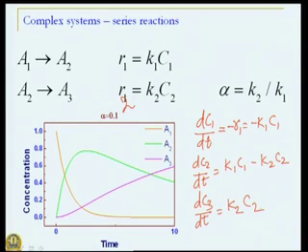Now, let us see how this reaction progresses in a batch reactor. To do that, we are going to say that we started this reaction with some quantity of A1 to begin with.